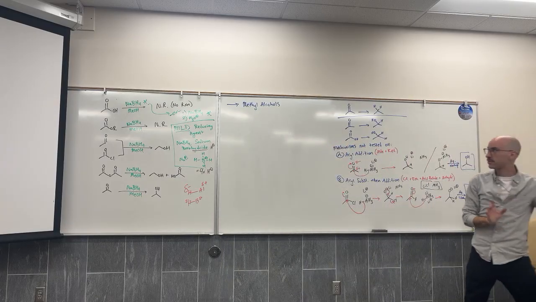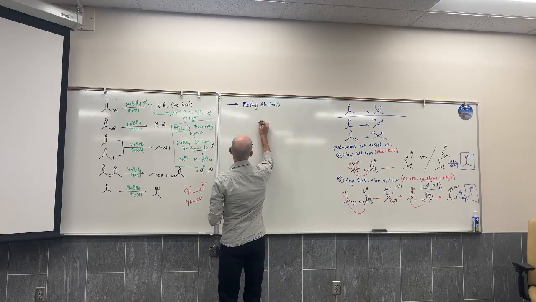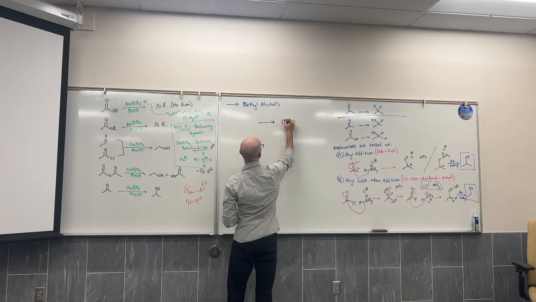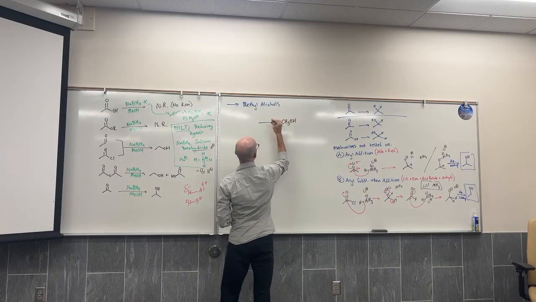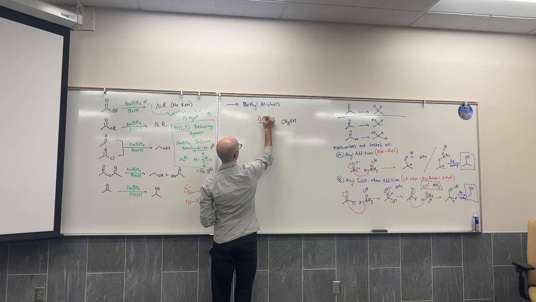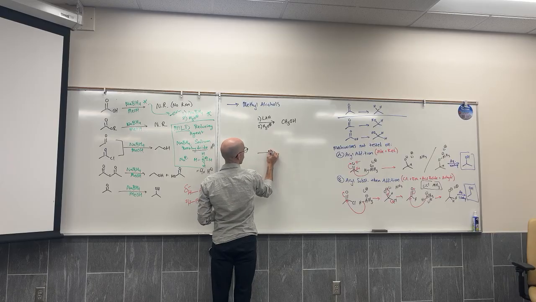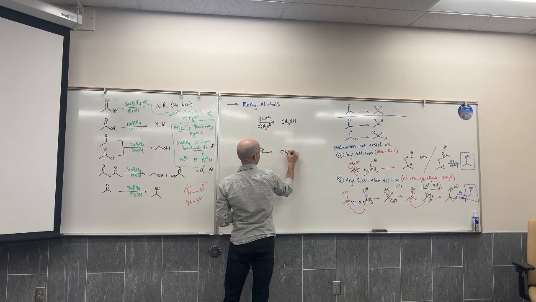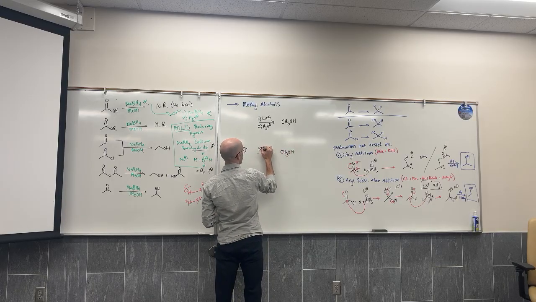I want you guys to devise 2 different reactions and use different reagents. So first, a reaction that utilizes LAH, maybe doesn't require. And second, a reaction that uses sodium borohydride.